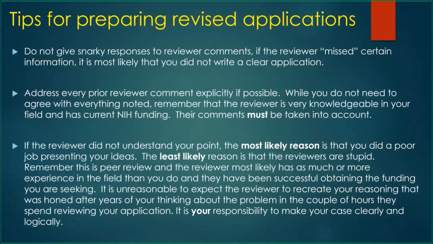The applicant has been working on their projects for months or years. They have a framework in their mind. You cannot expect a reviewer to come up with those same conclusions in just a few hours that you've spent years on. So you have to get over beating around the bush and instead explicitly make your points and your justifications as clearly as possible. Okay.